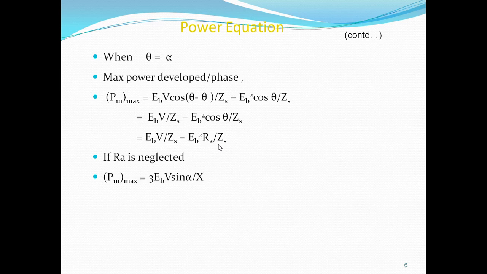So neglecting that value, the maximum power is 3 into Eb V sin alpha by Xs, where Xs is the synchronous reactance. So this is the maximum power condition and maximum power value.